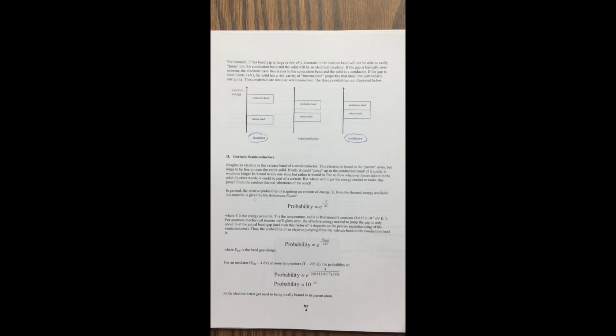In general, the relative probability of acquiring an amount of energy E from the thermal energy available in materials is given by the Boltzmann factor, where E is the energy acquired, T is the temperature in Kelvin, and k is Boltzmann's constant.